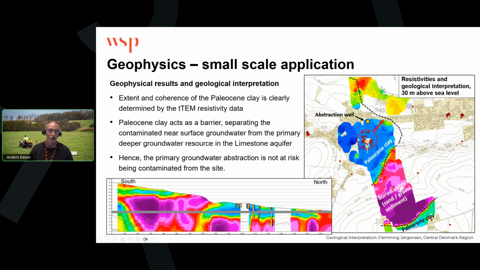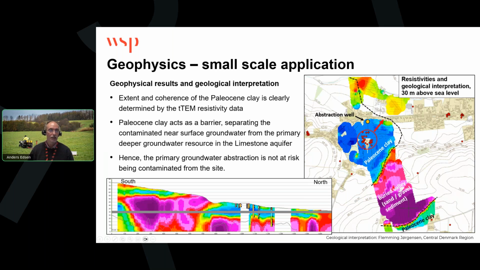At this level, 30 meters above sea level, we have the Paleocene clays on this side, then cross-cutting the buried valley, and then you see the Paleocene clay just underneath the polluted site. The position of the abstraction well is here, and then moving down you see some of the glacial deposits very close to the surface in the upper part.